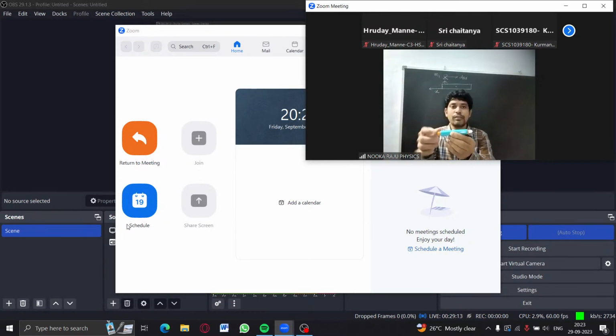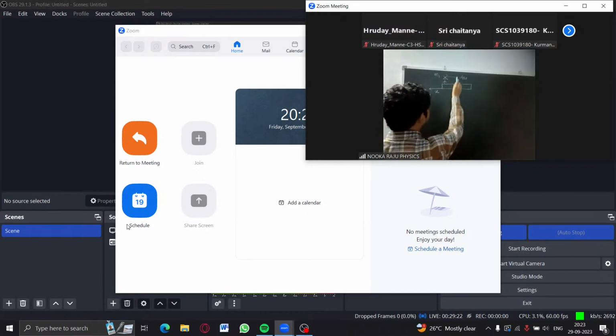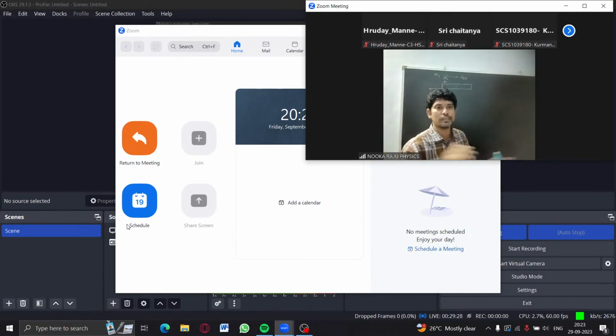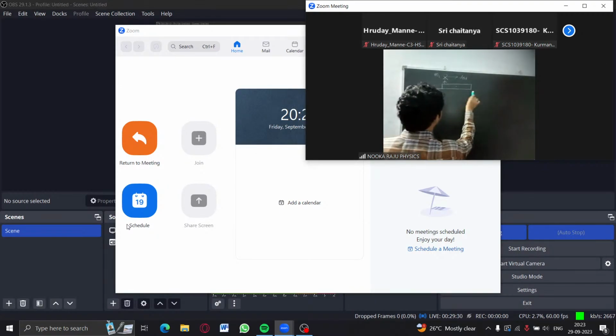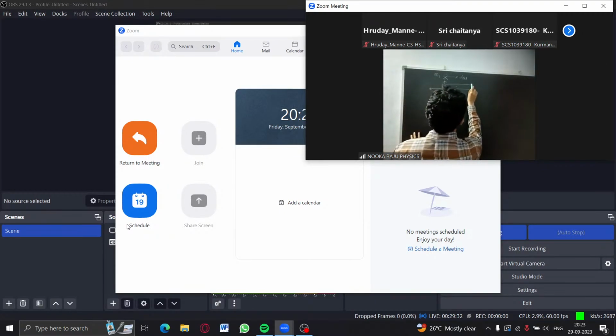But according to the given notation, the center of mass is always constant. So in this situation also the center of mass does not change. But what happens actually? The relation between displacements must change. For example, if you consider this is the relative distance, then this is nothing but relative distance minus x.